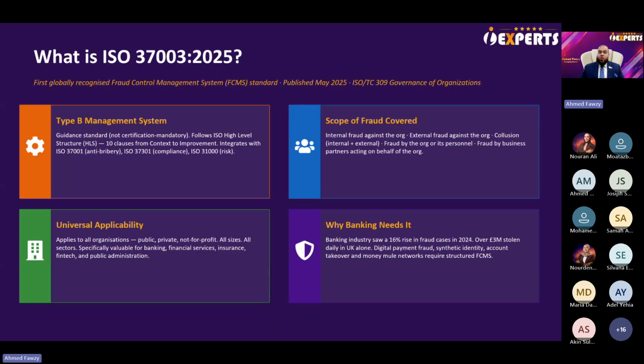So to make sure that we have a great system that is free from fraud and corruption, we have to utilize these ISO standards together.